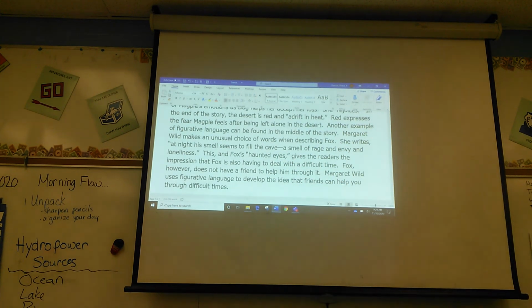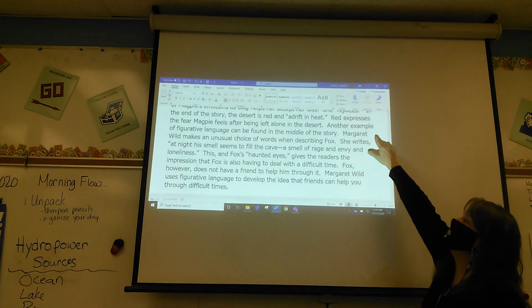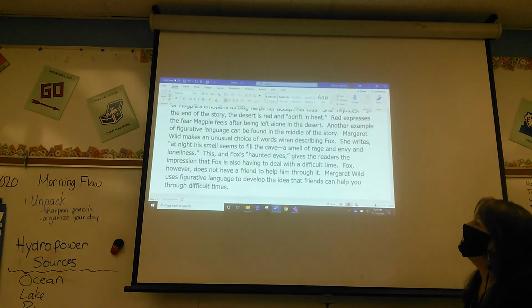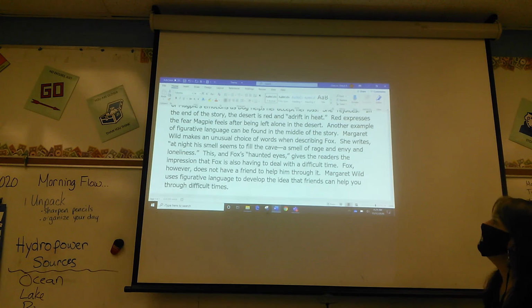All right, so notice that transitional phrase. If you look on your checklist, it's the fifth check. So we're using a transitional phrase to shift to another example. Another example of figurative language can be found in the middle of the story.